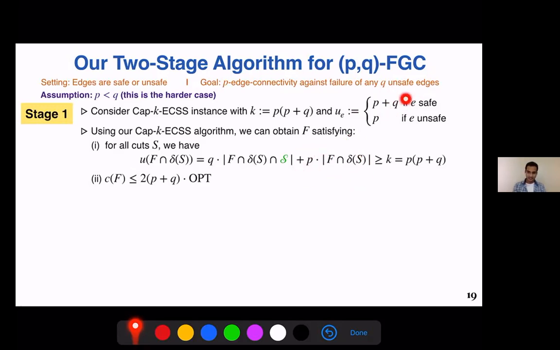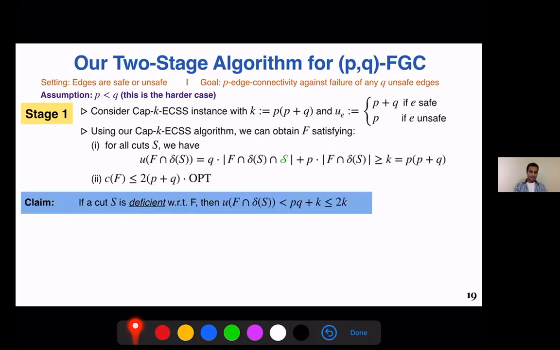And every safe edge additionally contributes a capacity of Q. So we get this expression for the capacity of a cut. By the approximation ratio of our algorithm, we know that the cost of F is at most 2 times the largest capacity in this instance, which is P plus Q. This is an upper bound on the cost of F.